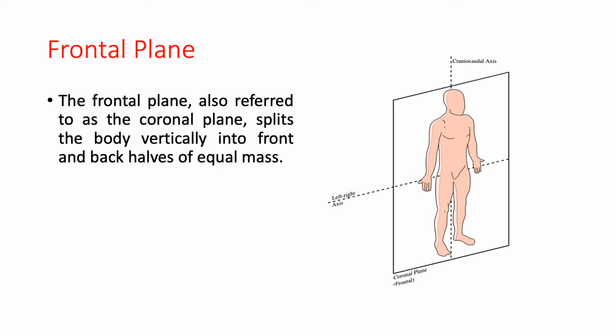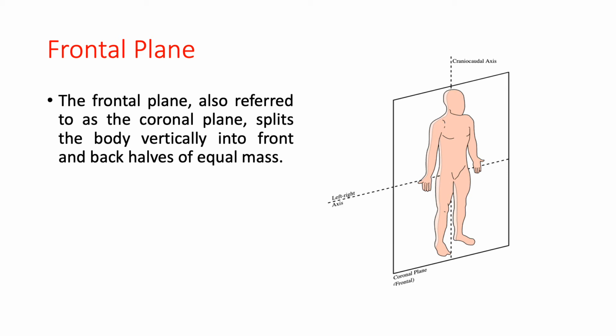Now, what is the frontal plane? Number 2. The frontal plane will also cut the body into two parts, but we will move this plane like this so that we can divide the body into front and back. Now see, we have made the cut from here, and it is parallel to the screen which you are watching.